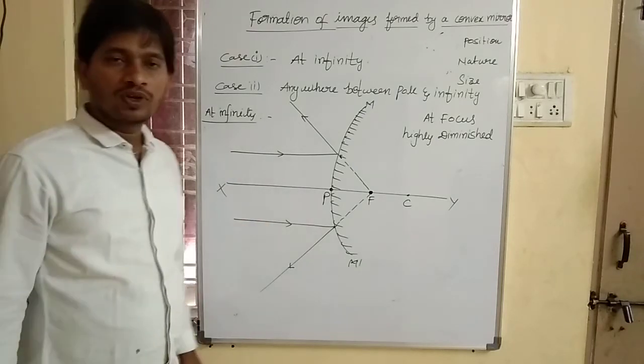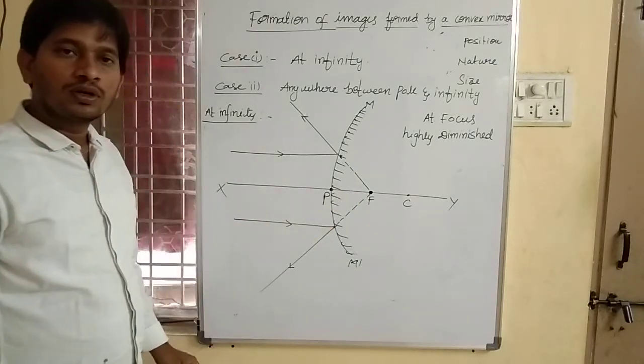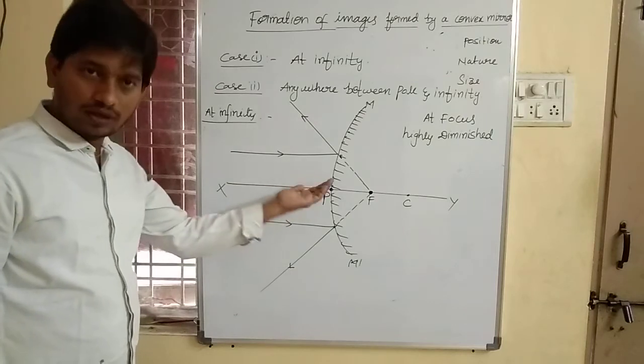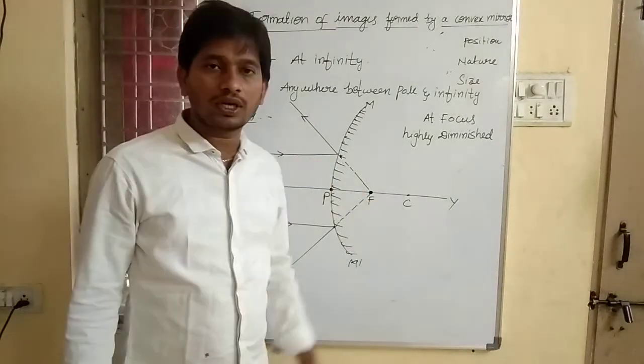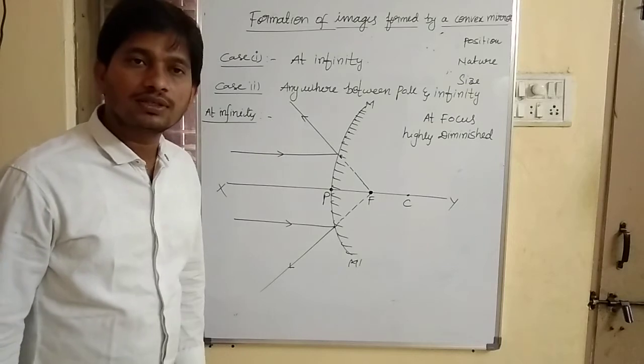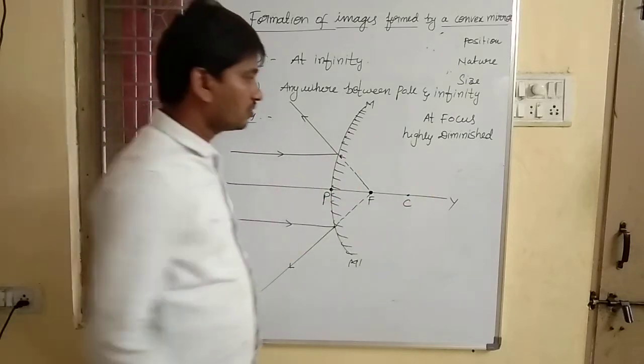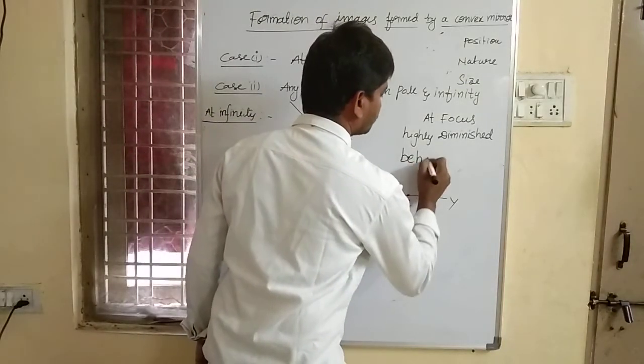And if you observe where we got the image, did we get it in front of the mirror or at the back side of the mirror? We got the image at the back side of the mirror, behind the mirror.